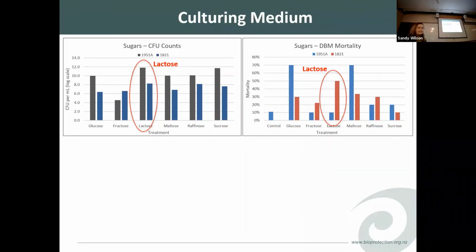Next, we looked at culturing both strains with the sugars glucose, fructose, lactose, maltose, raffinose, and sucrose. We found that both strains grew the best in lactose, but they showed differing responses in toxicity, with 1951 having the highest toxicity in glucose and maltose, and 1821 being most toxic in lactose.